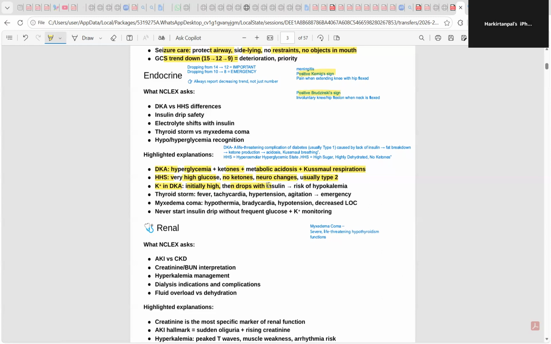So it can lead to hypokalemia. If a patient is getting an insulin infusion, we should always monitor for hypokalemia.